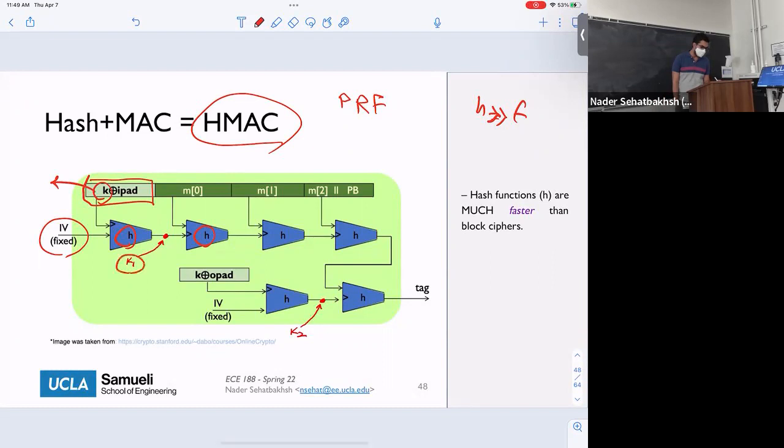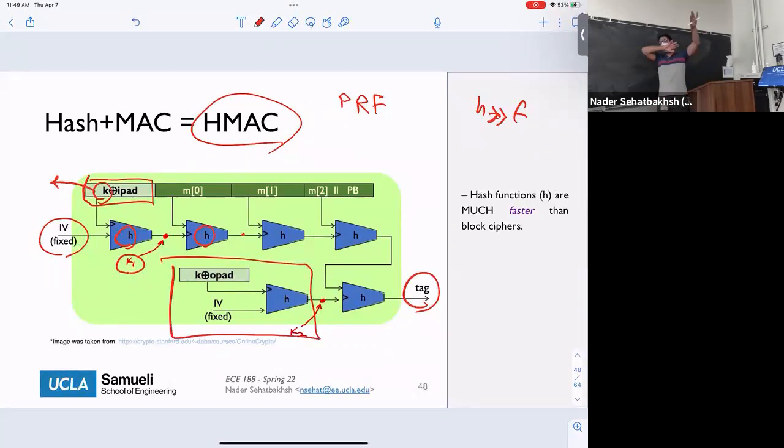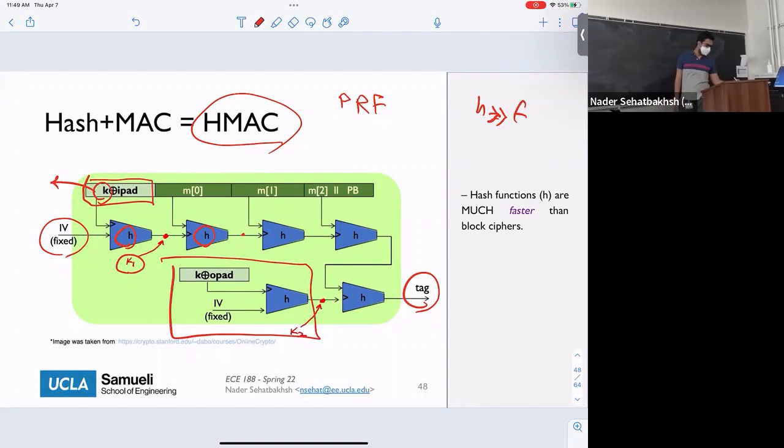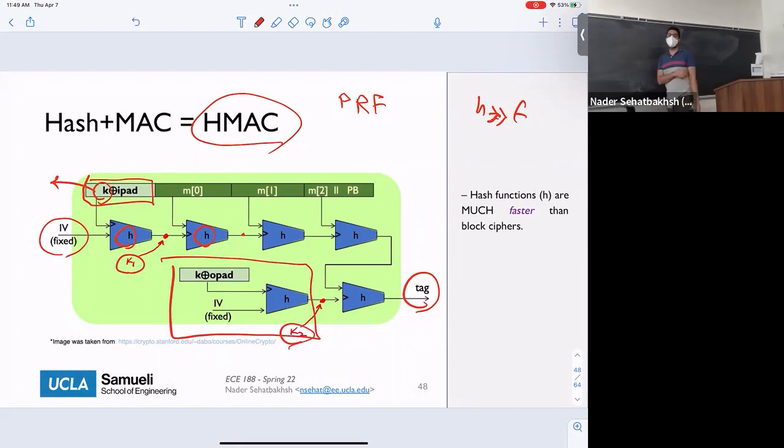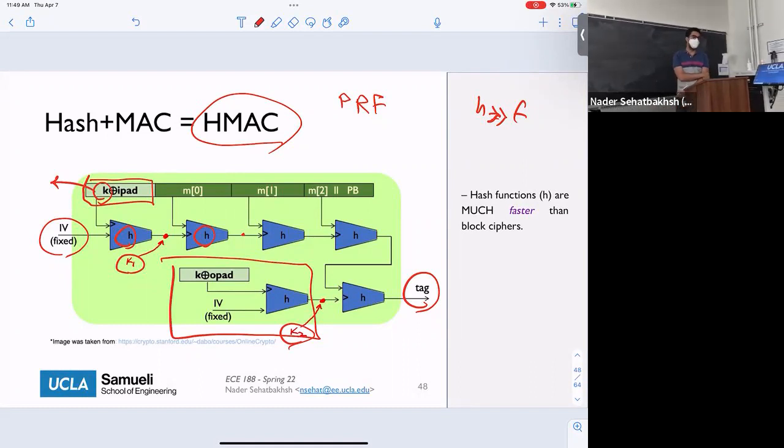Then we use this new key with M to create another hash, and another hash, and so on, and we finally get the tag out of this. Remember, this part was similar to the nested MAC. I said there are two different keys, so here's the first key and here's the second. Very similar to the nested MAC. All we did was replace the F function with the hash function, and we get lots more performance out of this.